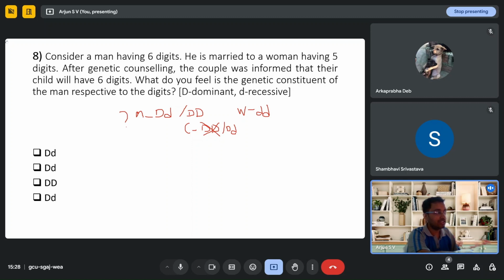If the child is going to get the recessive allele from the woman, then the child should get the dominant allele from the father. And in all the cases the child will have 6 digits, so in all the cases the child is going to get the dominant allele from the father. If the father has the homozygous dominant genotype, then this will be possible. So the answer will be capital D, capital D.